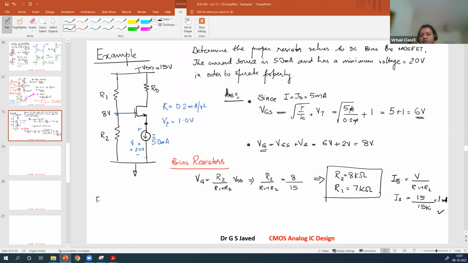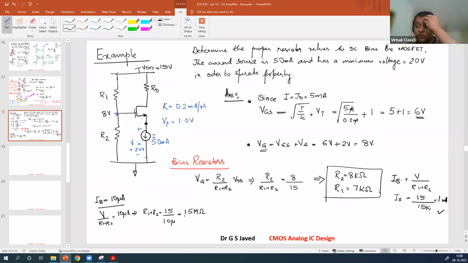Let's say I want my bias current, the current drawn through this, to be only 10 microampere, right? When I have 10 microampere only, then V by R1 plus R2 is 10 microampere. That means how much is R1 plus R2? V voltage is 15 volt divided by 10 micro. So this will give 1.5 mega ohm, right?